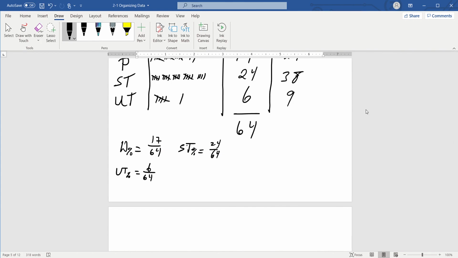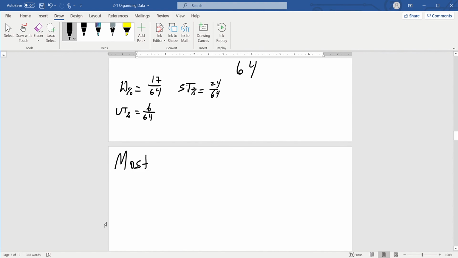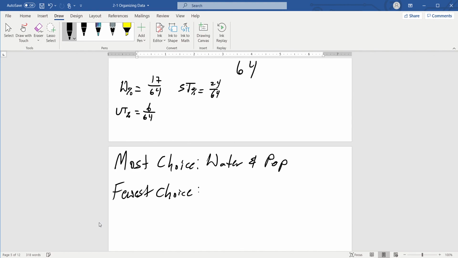I'll just go to the next page so it can be clearly read. So the most choice here is actually a tie between water and pop. The fewest choice here is unsweet tea.